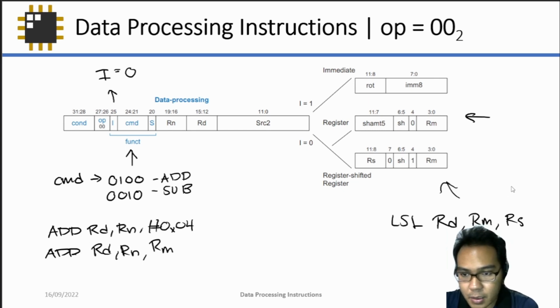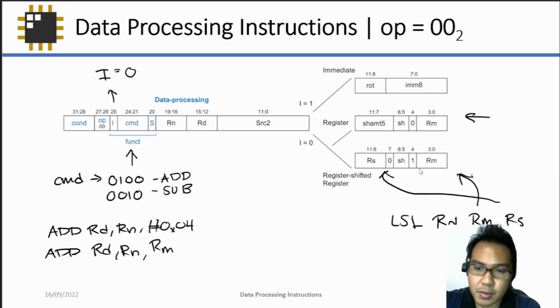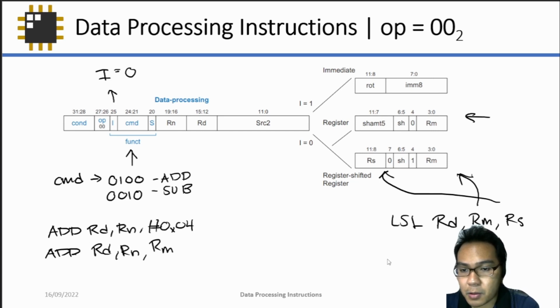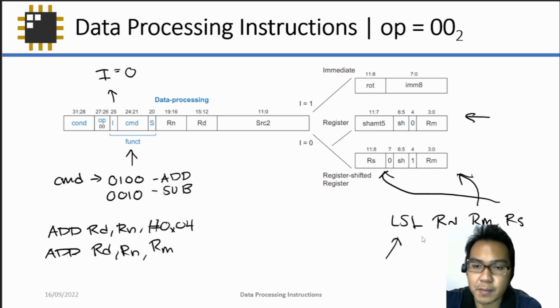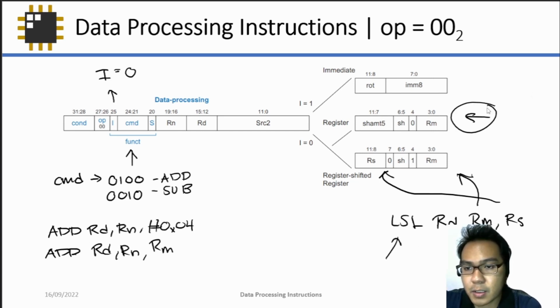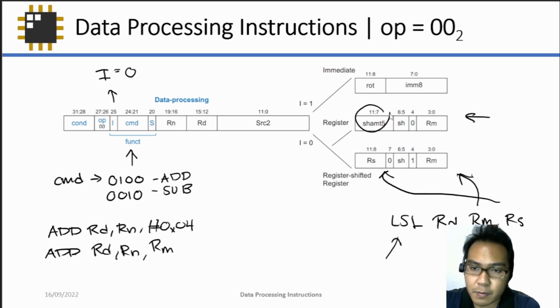RS goes here, and RM. RM is the shifty and RS is the number of shifts. So for shift instructions, that's register shifted register. Usually it's just a register instruction. You can also optionally shift the register.